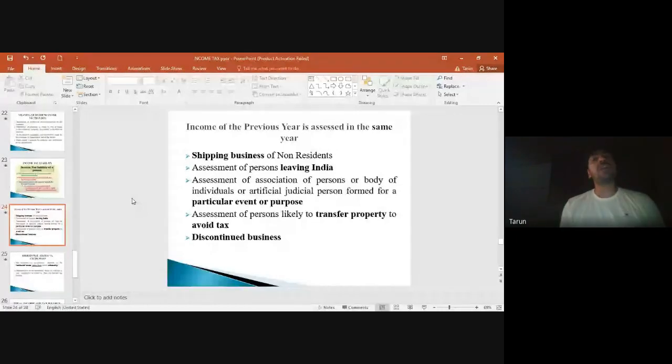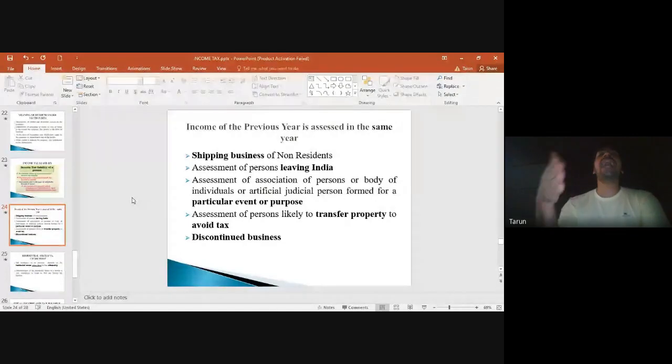Whatever I have earned during all the previous years from that discontinued business is considered taxable, the tax is calculated, and it will be paid directly to the Central Board of Direct Taxes, that is, the central government, right?